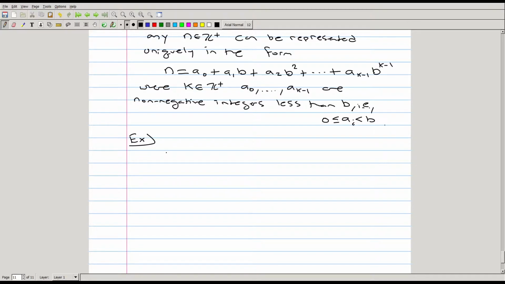So when you write down the number 123, what this is really meaning is 1 times 10 squared plus 2 times 10 to the power 1 plus 3 times 10 to the power 0. So this is called a decimal expansion of a given number when we use 10 as our base.